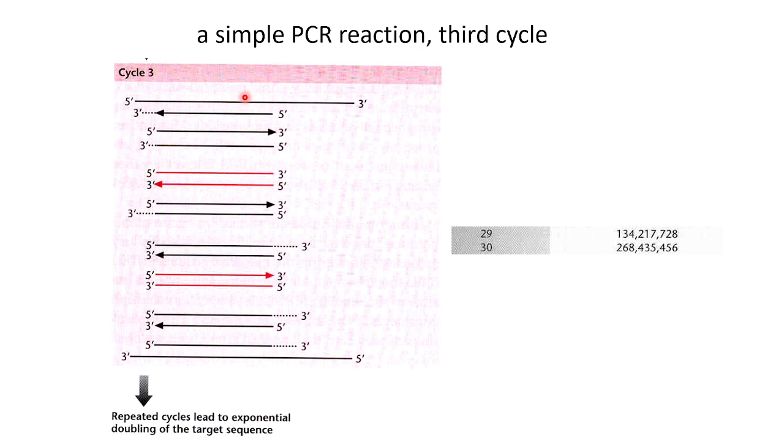In the first case you have one, then two, then four, then 8, 16, 32, and after 29 cycles you get a big figure like 134217, and after 30 cycles you get an even larger number. So this is the entire PCR reaction.